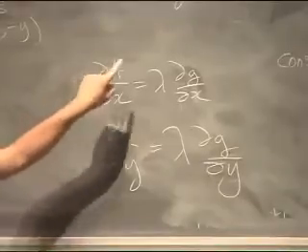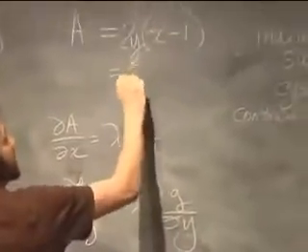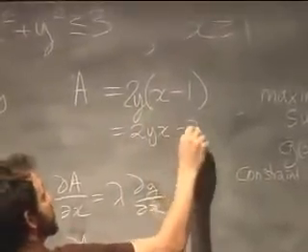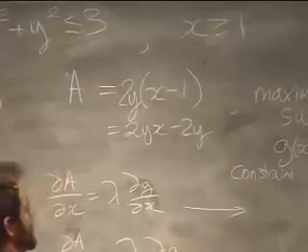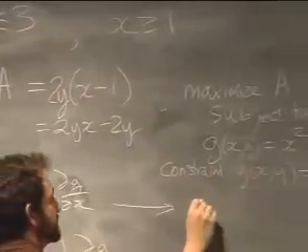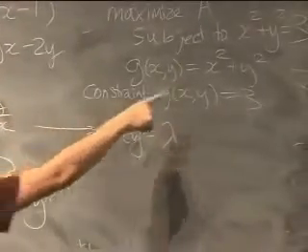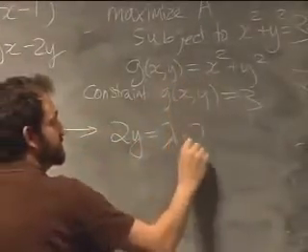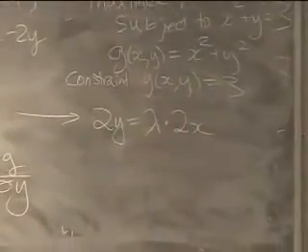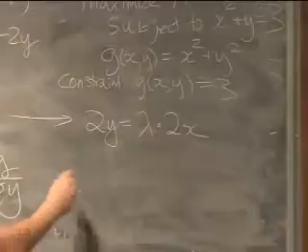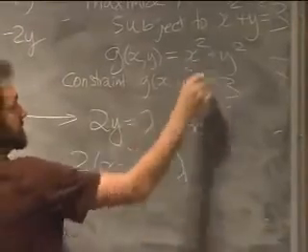So dA/dx, you differentiate this with respect to x. If you want, you can just write it as 2yx minus 2y. Differentiating with respect to x, this becomes 2y equals lambda dg/dx, which is 2x. And as for dA/dy, it's just 2 outside of x minus 1, and that's lambda times 2y.